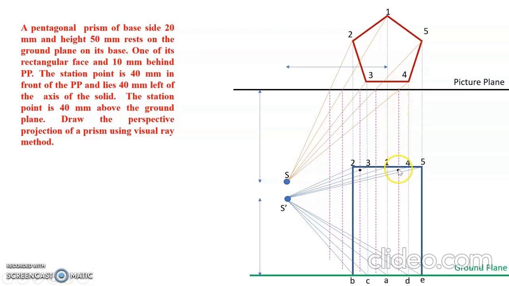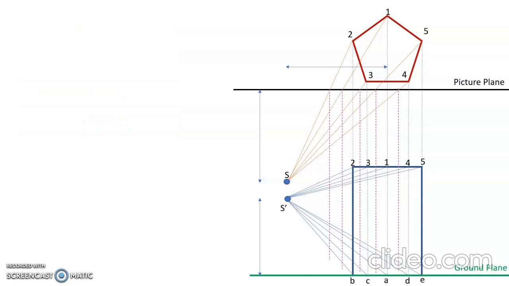This makes another intersection with the rays which pass through 4 to S dash. Similarly 5, similarly 1 and 2. So now I have got 5 points. You can connect all the 5 points, you will get a pentagon like this. Okay, now I have got a pentagon in the 1 2 3 4 5 edge.